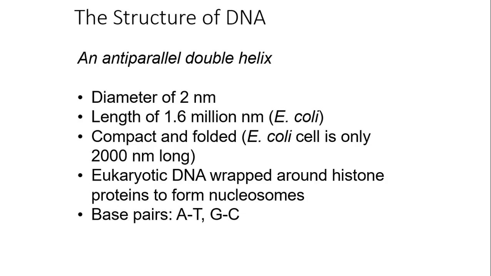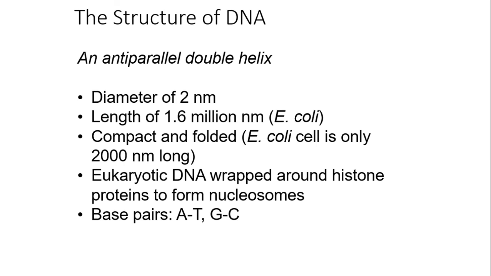And this is just FYI. If we look at the numbers for an E. coli cell, which has a diameter of about 2 nanometers, but it contains 1.6 million nanometers of DNA.